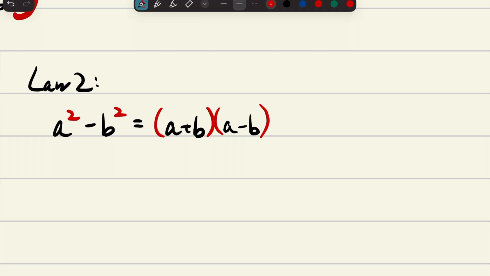So this identity is actually very important when you're going for grade 10 to grade 12 math. It's like a must-do fundamental.